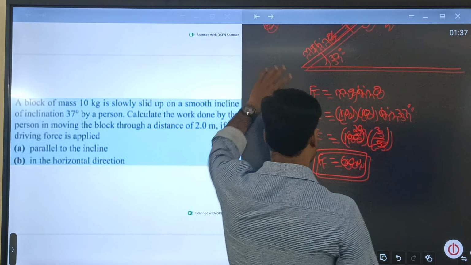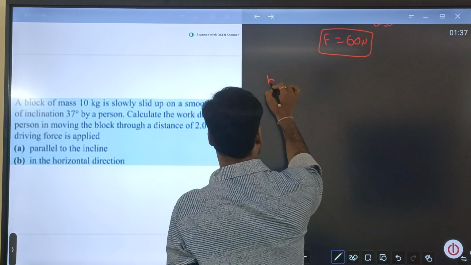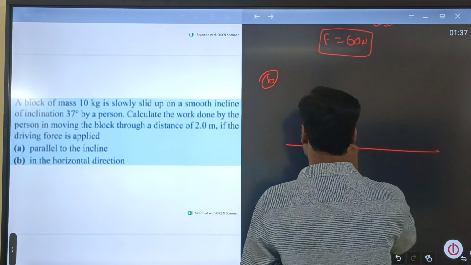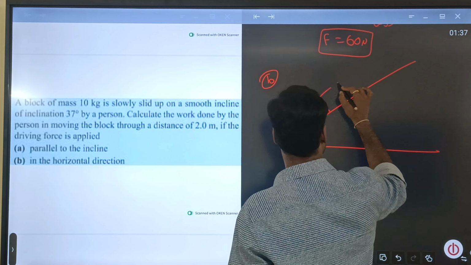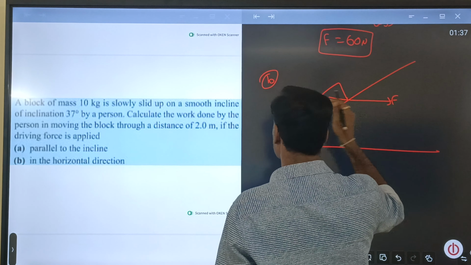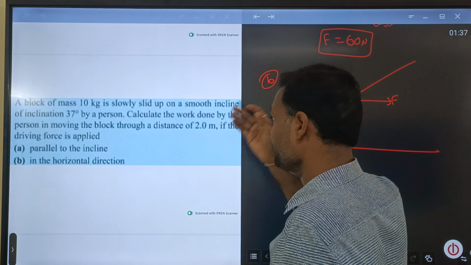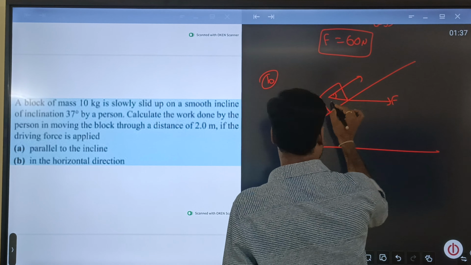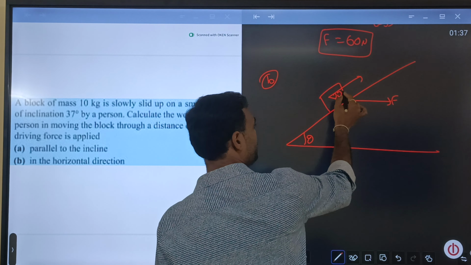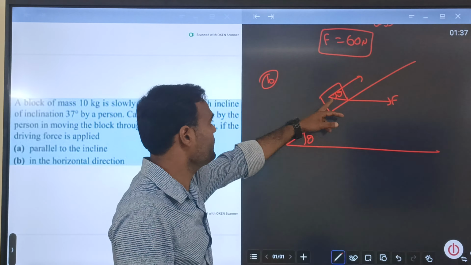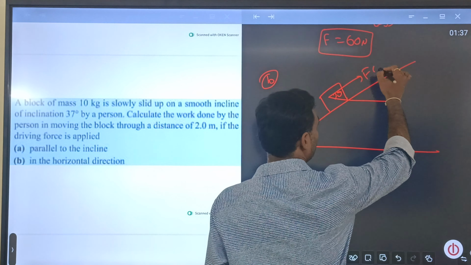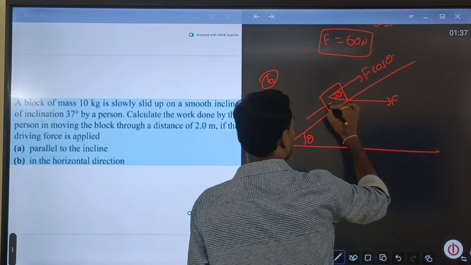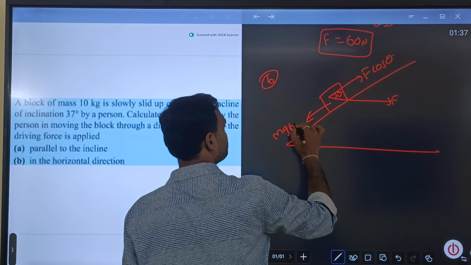And the second part of the question is, if force is applied like this, horizontal to the direction, then here it is theta, so this will be theta, this is F cos theta, and this will be mg sin theta.